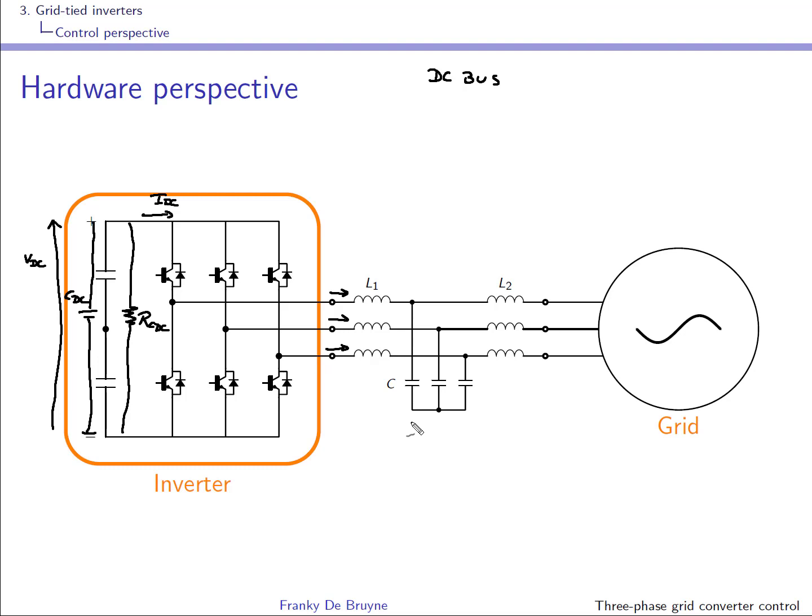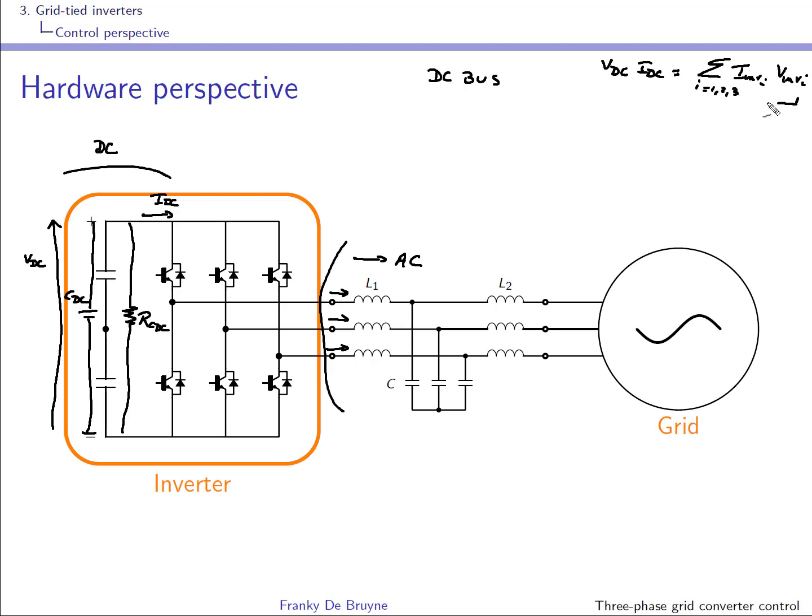Now we can make a balance of what is happening on the AC side and what is happening on the DC side. You can say that VDC times IDC is equal to the power on the AC side, which is the sum over all three phases of E inverter i times I inverter i.